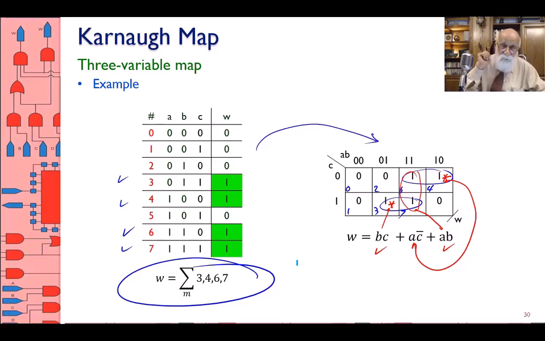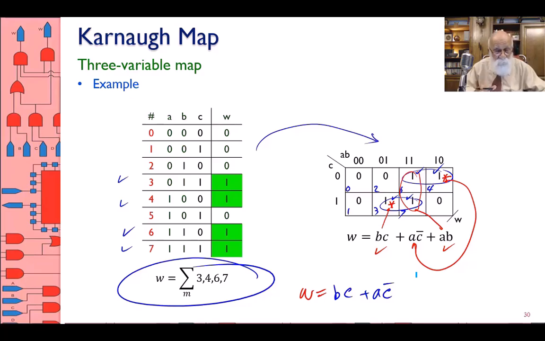Then my minimization method says this. Start with essentials. List all the essentials. The essentials are, one of them is BC, the other one is AC bar. Then it says, check mark all those min terms that are covered. Check mark, check mark, check mark, check mark. Then look to see if there are any other min terms that are not covered.